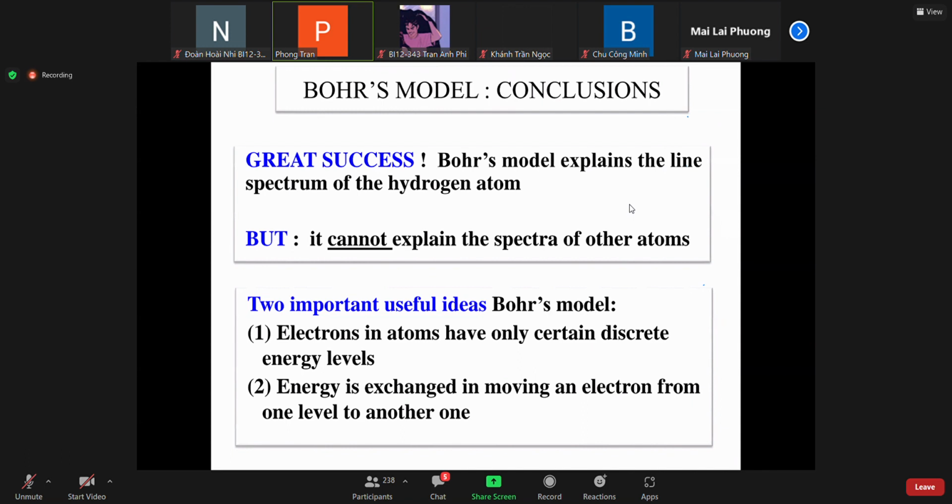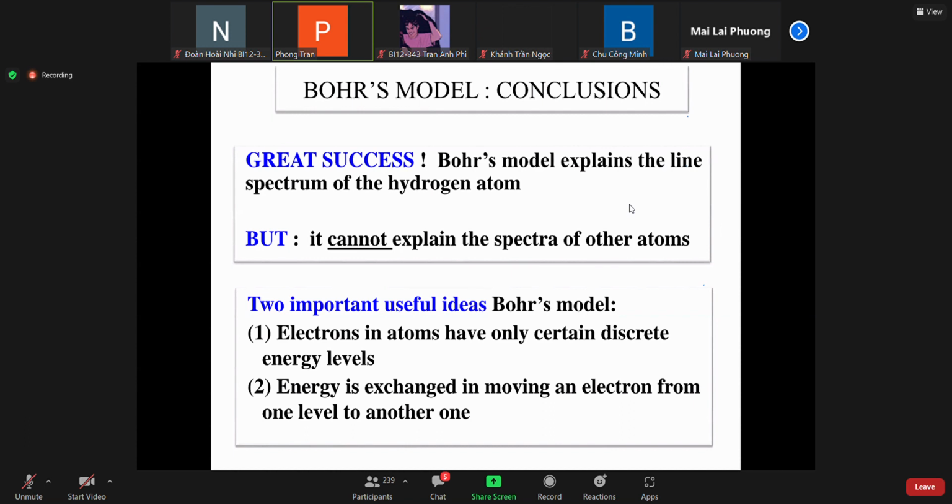So what can we learn from the Bohr model? We can say that the Bohr model is quite simple, easy to understand, and it had great success explaining the case of the hydrogen atom. But when we try to apply the Bohr model to other atoms with more than one electron, we have a difficulty.